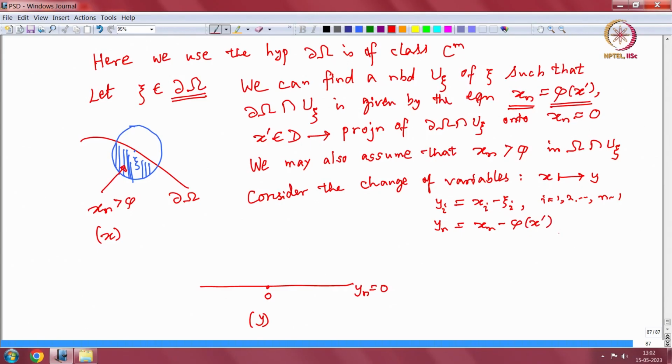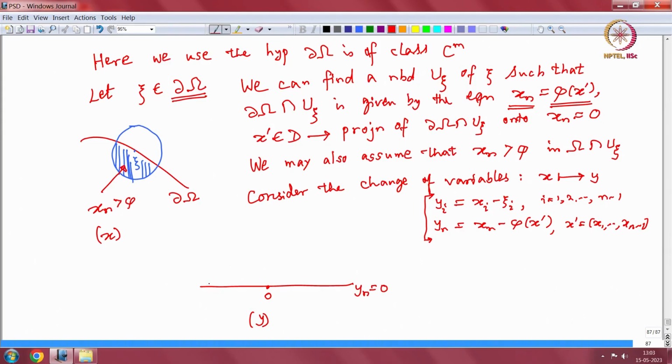Okay, x prime again, just remember that. By the assumption on phi, phi is of class Cm, so at least C1 is there. So this is a smooth change of coordinates, and the inversion is also easy to write. And this shaded region goes into something like here.